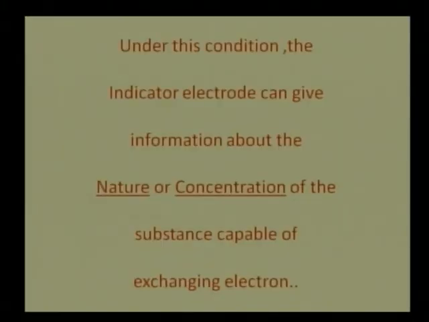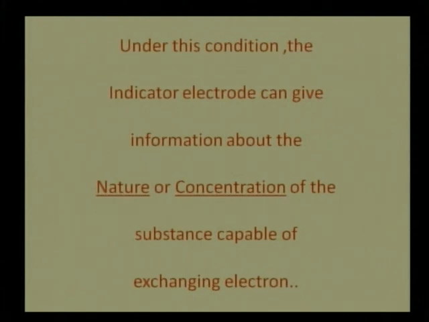Under this condition, the indicator electrode can give information about the nature and concentration of the substance capable of exchanging electrons. Under this condition means when the value of the reference electrode is almost constant, and the cell junction potential is always constant and very low.